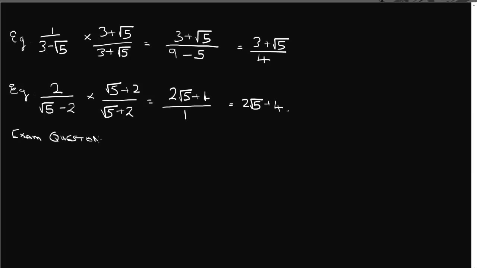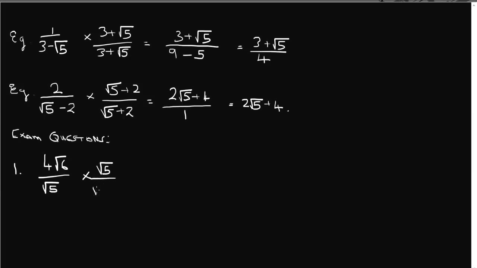Now let's look at some exam questions. These are taken direct from fairly recent OCR or AQA A-level papers. You get 4 root 6 divided by root 5. It's one of the earlier examples that we looked at. Multiply top and bottom by what? Root 5.